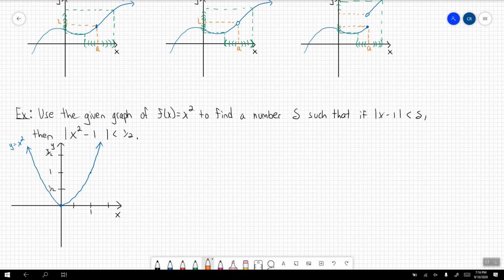So it's important to extract what they're telling us here. They are actually giving the epsilon value. This portion that I highlighted, the absolute value of x squared minus 1 is less than 1/2, they're giving us f of x.